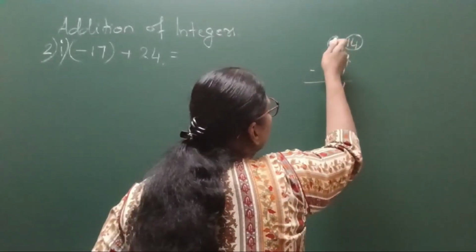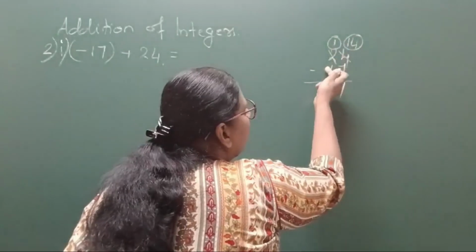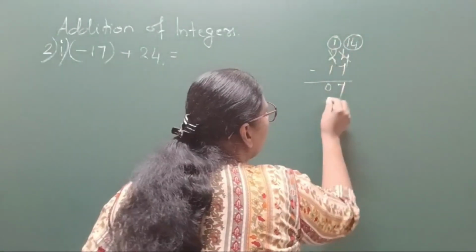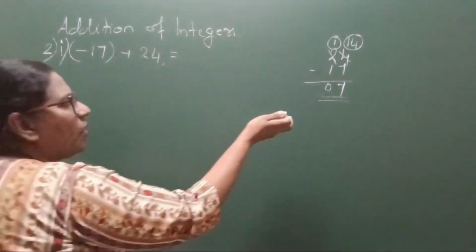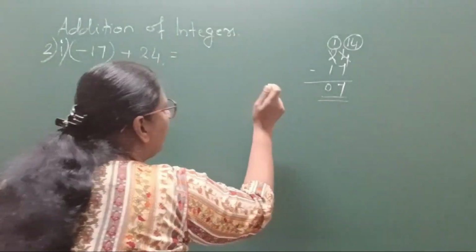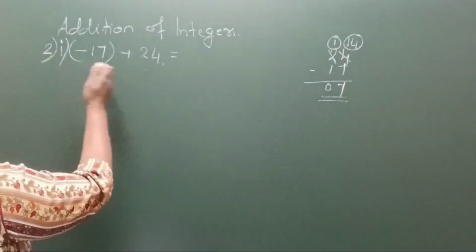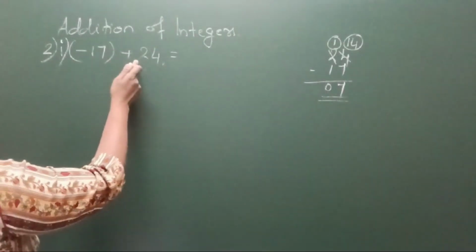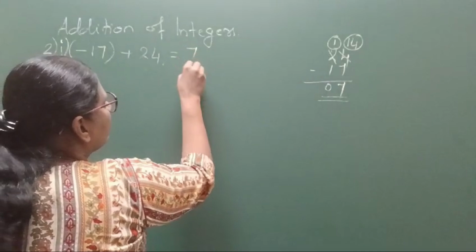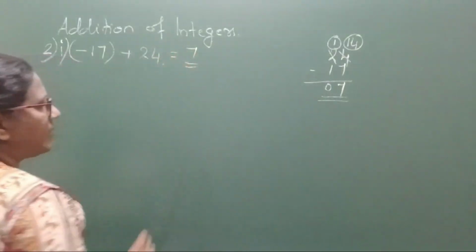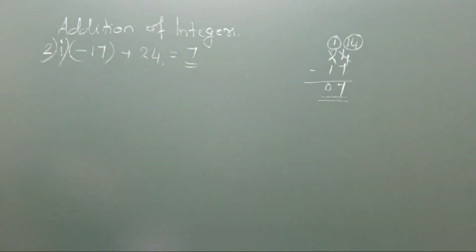Now remaining here is only 1. 1 minus 1 is equal to 0. So our answer is 7. That is how we have to find the answer. Then we have to see which is the greater number. Here is positive integer. So just write 7. We don't need to put plus sign there. It is understood that is positive.